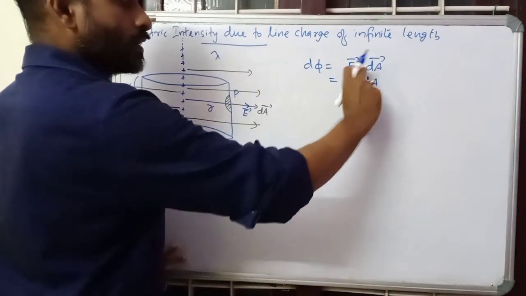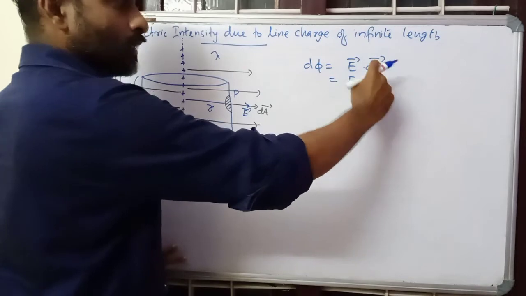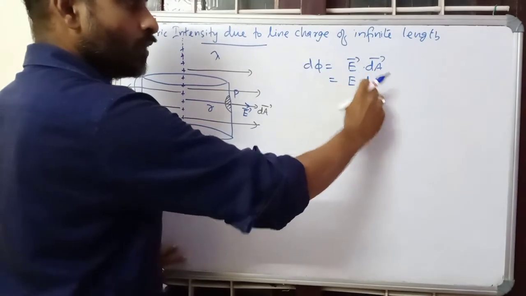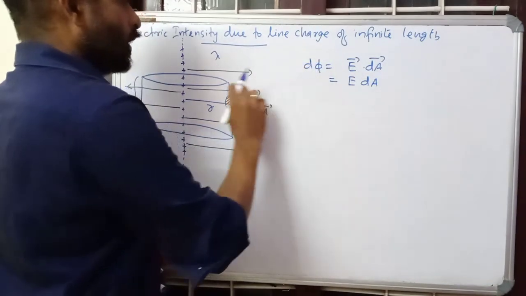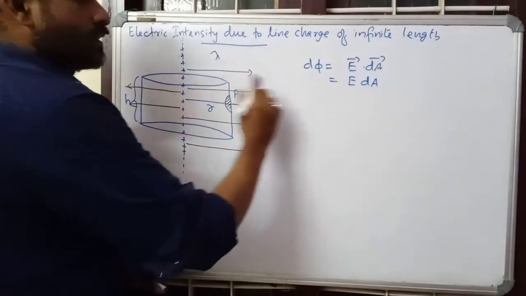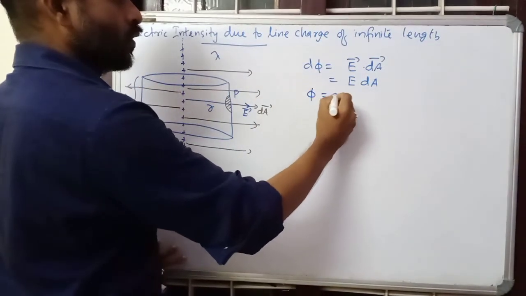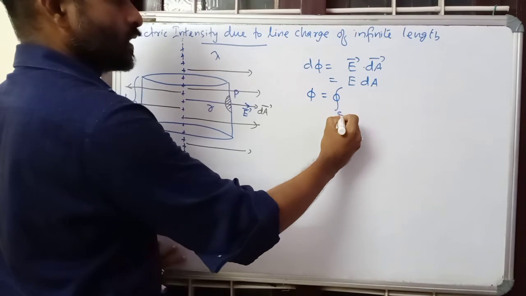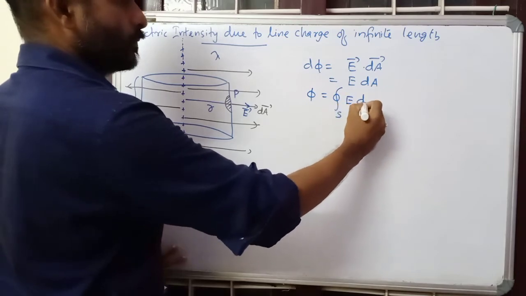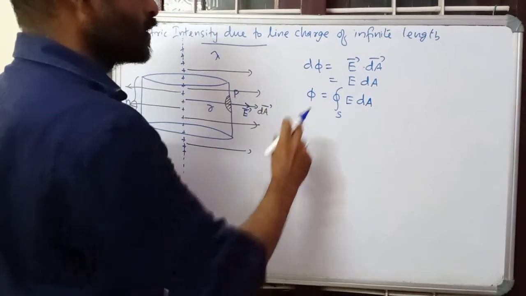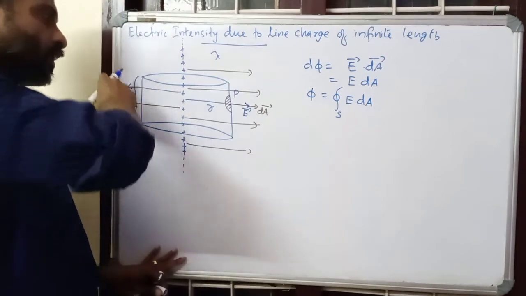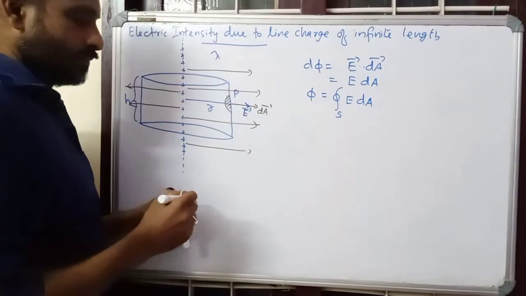Because E dot dA means E dA cos theta, but theta is equal to 0, it is reduced to E into dA. Now I need to find the total flux through the entire curved surface. Total flux through the entire curved surface equals the closed surface integral of E into dA. This is the total flux coming out of the curved surface.